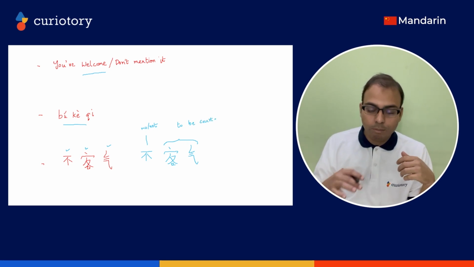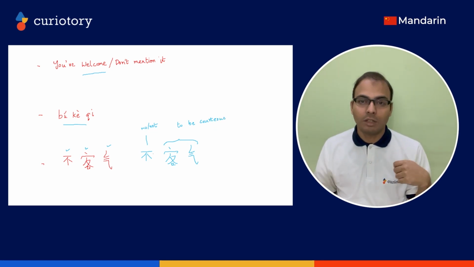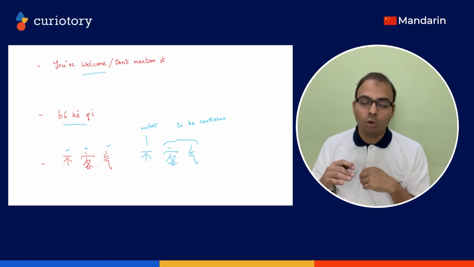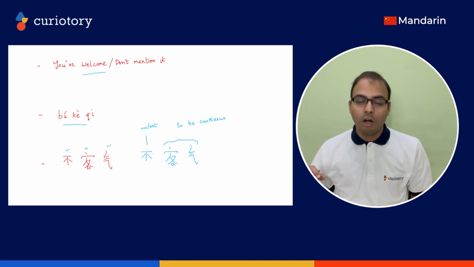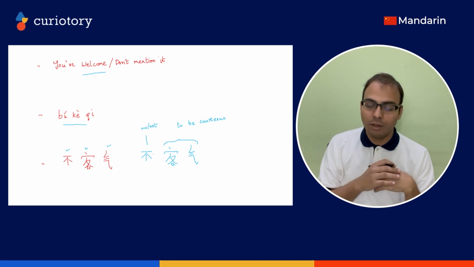So 不客气 basically means no need to be so much courteous. Its meaning can also be derived like no need to be courteous, or you are welcome, or no need for thanks. So all these three can mean 不客气.